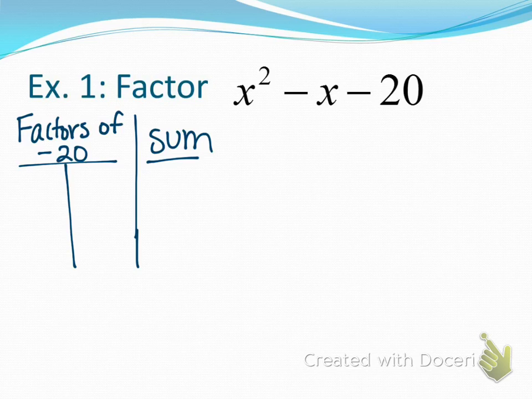Okay. So our factors of negative 20. Who can raise their hand and give me a pair of factors for negative 20? Jay Sean. Negative 1 times what? 20. Okay. How could I change the pair that Jay Sean gave me to come up with another pair? Make the 20 negative instead.